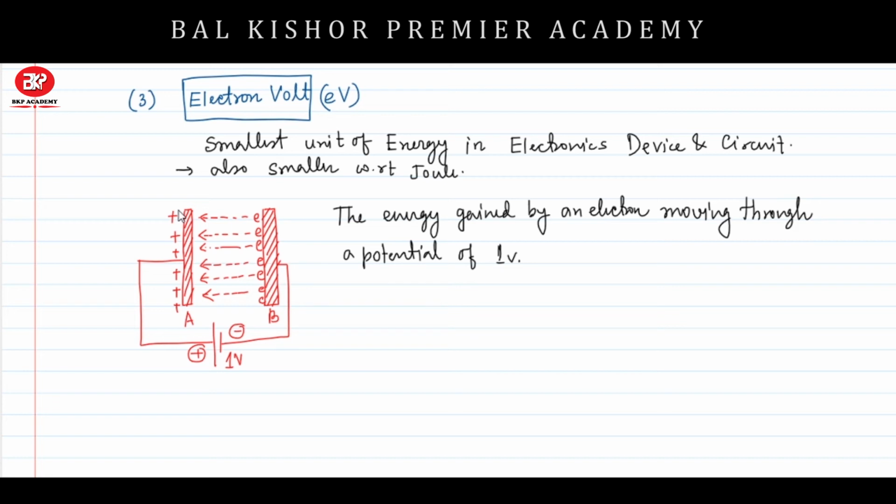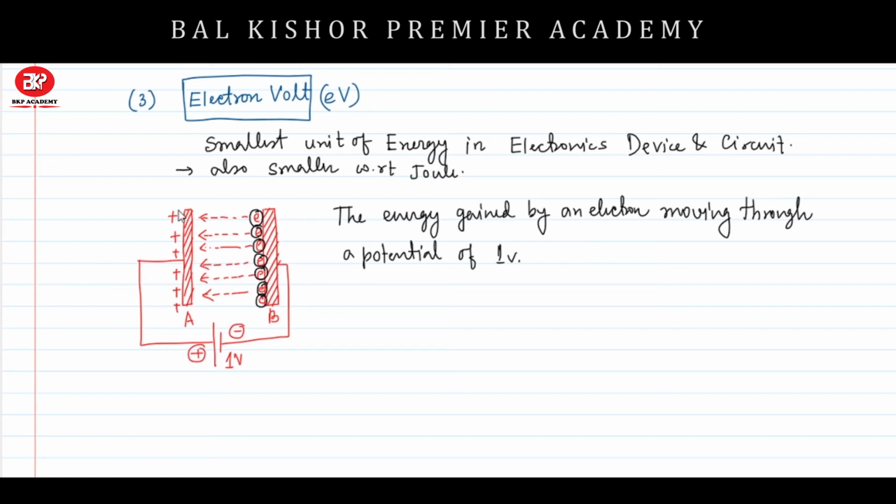It means that these electrons which are moving between the plates B to A, they are moving due to the applied potential of 1 volt. So during the movement they will gain some energy, and that energy will be termed as 1 electron volt. That is the energy gained by an electron moving through a potential of 1 volt.